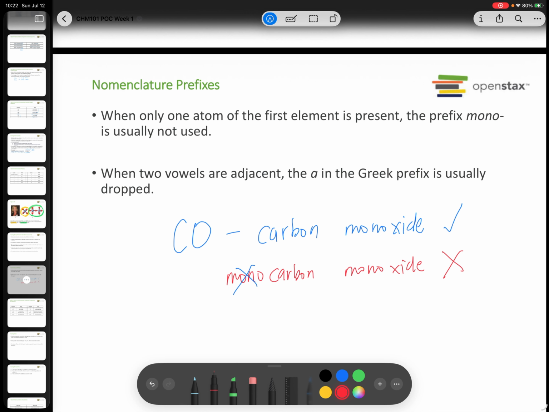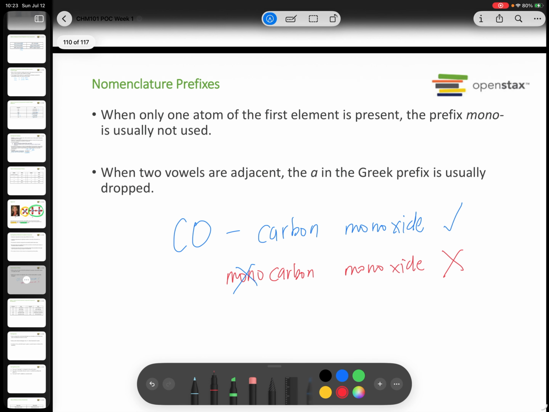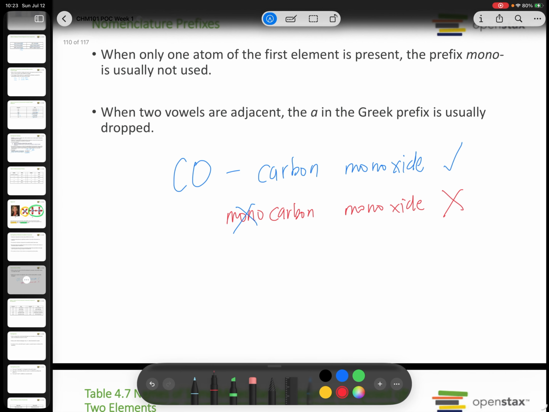So, sa rule number 2 naman, sabi dito, when two vowels are adjacent or appear next to each other, the final A or O of the prefix is often dropped na, no? Hindi na nilalagay. So, ito ulit example natin, no? So, meron tayong carbon. In this case, meron tayong anion na oxide, no?